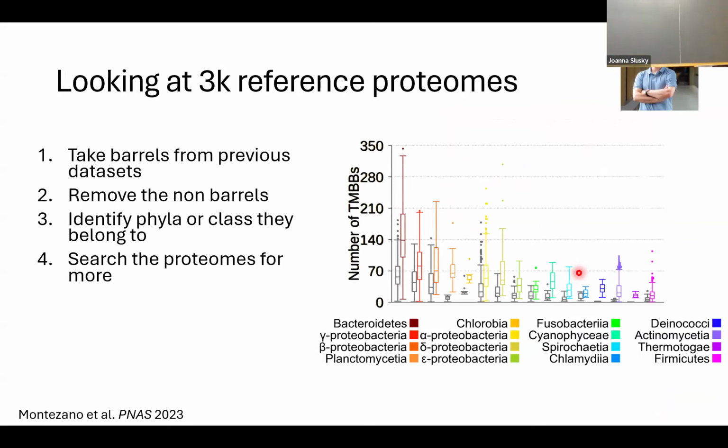So the things with fewer are oftentimes weirder, less studied things, which means that maybe when we were training our initial "Is it a barrel?" model, we were training on proteins that you could express in E. coli, because fundamentally we started with a set of structures which were beta barrels, and we knew they were beta barrels, and then we did contact maps.